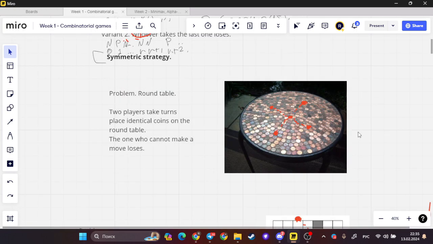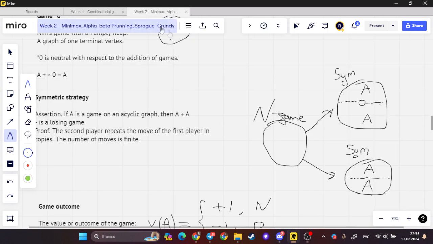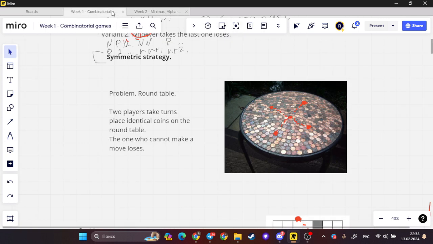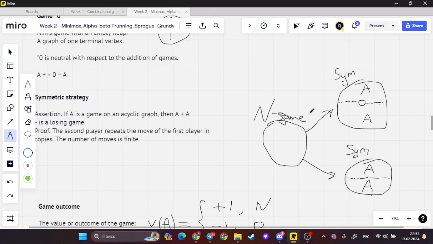In this example, I remembered that we have already considered the strategy for the table, and notice that if the first player starts this game by placing some coin not in the center, we get a symmetrical game, and in this symmetrical game he loses.